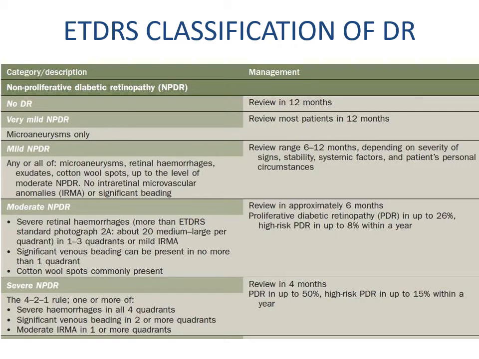Now NPDR is again divided into no diabetic retinopathy, in which review is to be done after 12 months, then very mild NPDR, in which again review is to be done after 12 months, then mild NPDR, in which review is to be done between 6 to 12 months, moderate NPDR, in which review is to be done 6 monthly, severe NPDR, in which review is to be done every 4 months, and then very severe NPDR, where review is to be done 2 to 3 monthly.